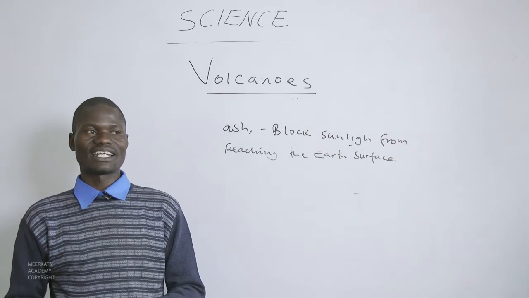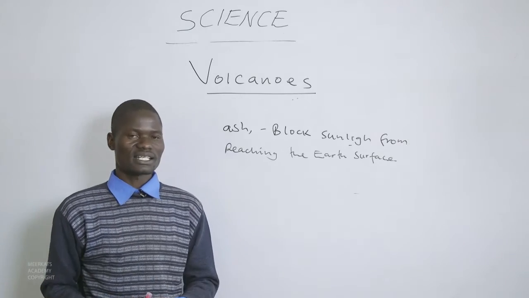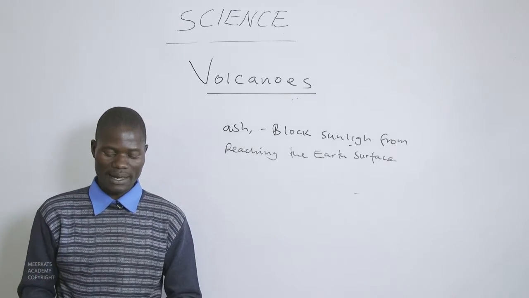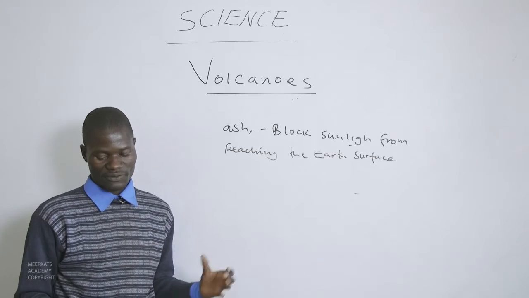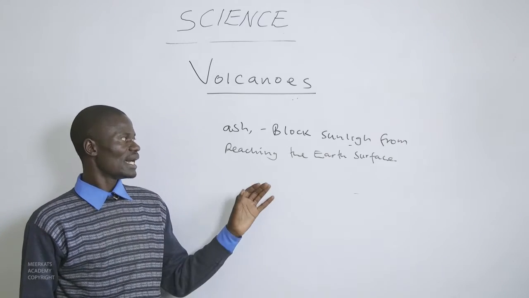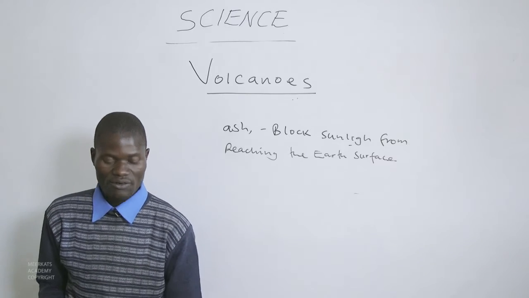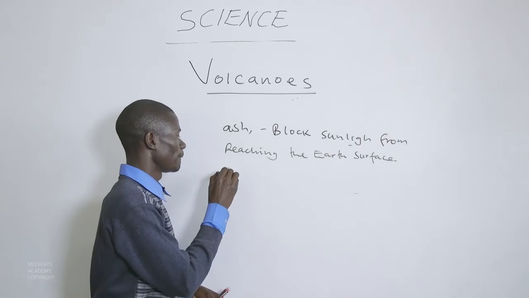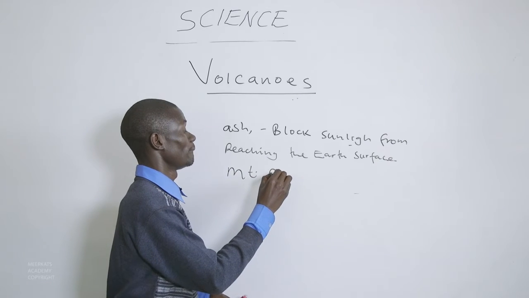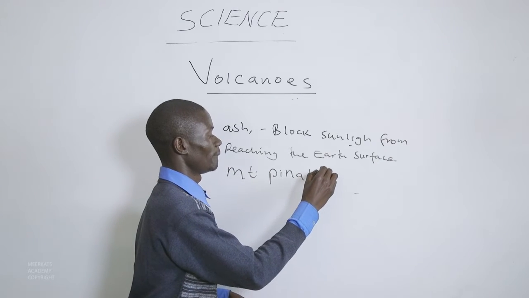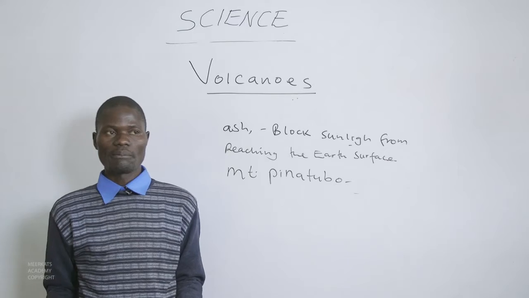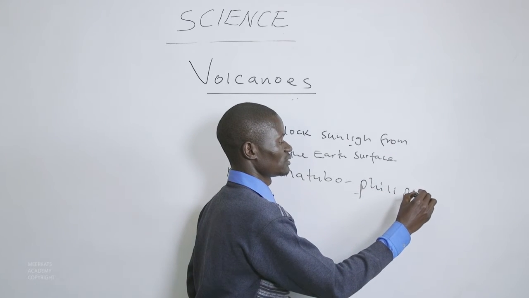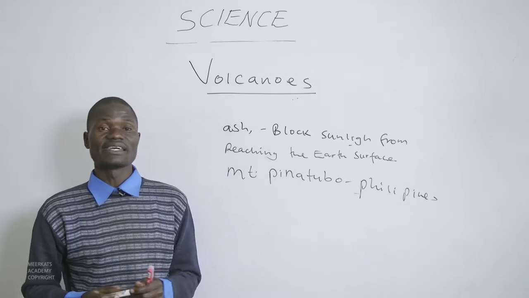This may block the sunlight from reaching the Earth's surface, as a result altering some temperatures in the lower zones of the atmosphere. For example, the ash that resulted from the eruption of Mount Pinatubo. Pinatubo is found in the Philippines.